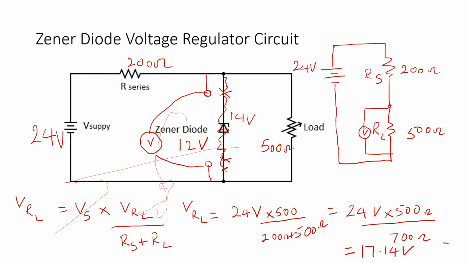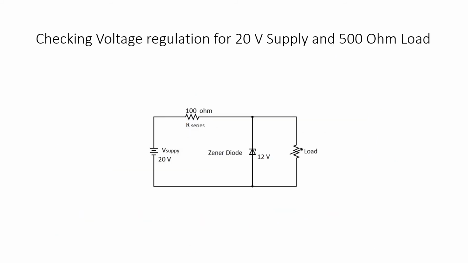So to get the voltage across the point where the Zener diode is removed from, it is the supply voltage multiplied by, sorry, that should have been RL. VRL is equal to the V supply multiplied by the RL divided by the series resistor plus the load resistance. All right, so let's move on and let's do another example.